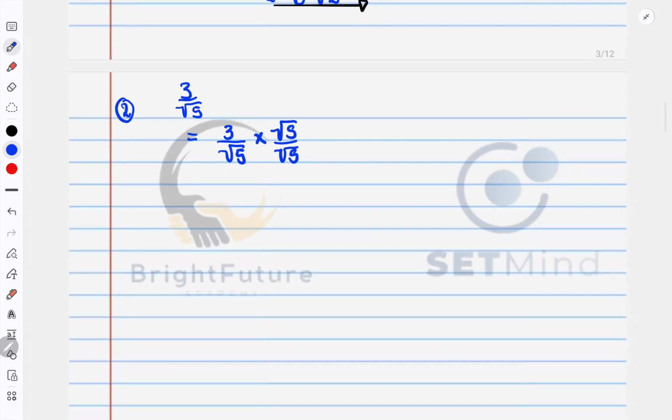We know that when we multiply surds, root 5 times root 5 is equal to 5. Whenever you are multiplying surds of the same number, you're gonna get that number back. If we had root a multiplied by root a, the answer is a.